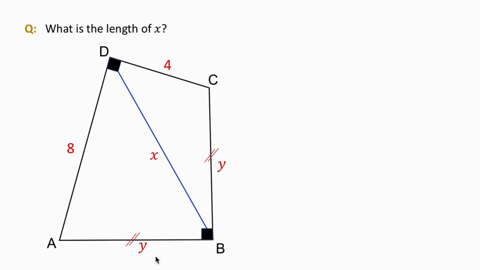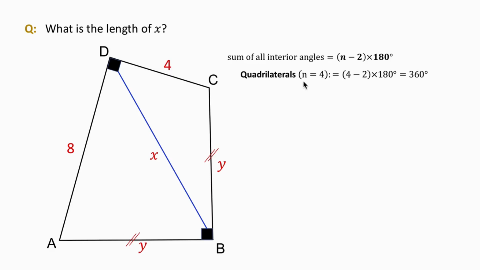First, we label the length of AB and BC by y. To find the sum of all interior angles of a polygon like this, we use the formula (n minus 2) times 180 degrees, where n is the number of sides. So in this quadrilateral, n is 4. That's why the sum of interior angles is 360.